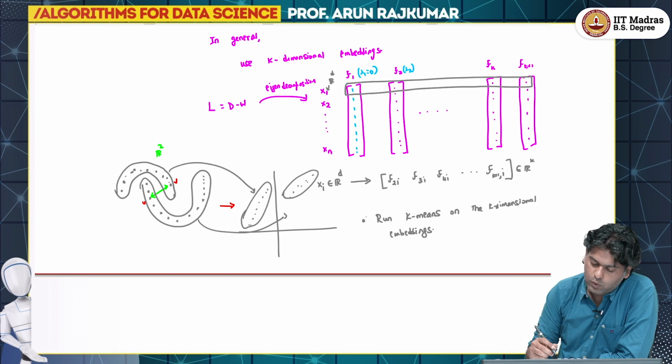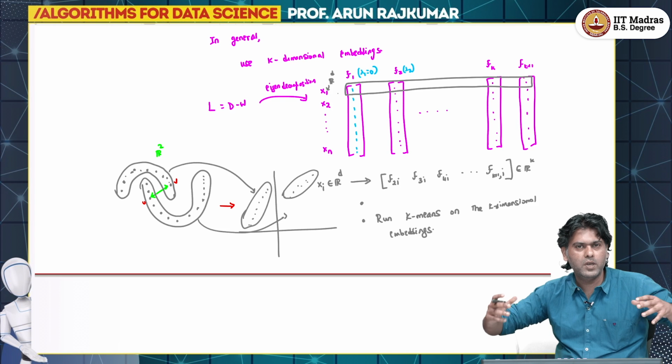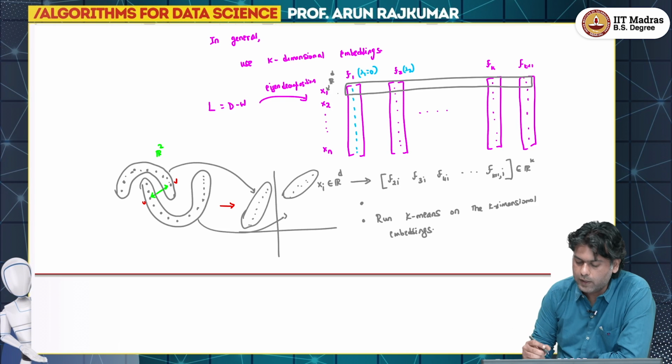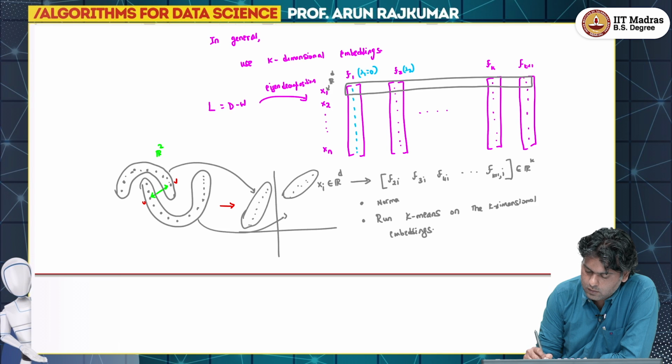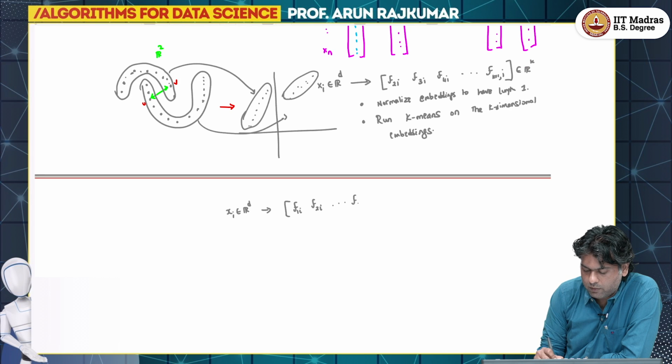Sometimes in practice what people also do is, before doing this, they would normalize the view space vectors to have length 1. That is, what you do is you start with some xi in Rd, you map it to f1i, f2i till fki.